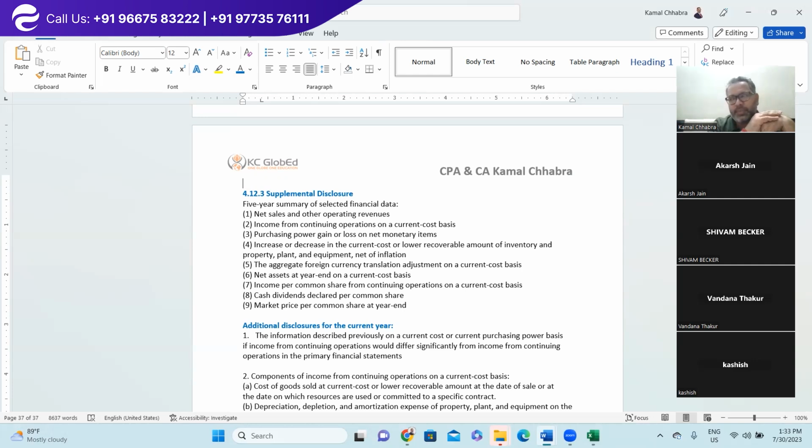If there is a foreign subsidiary which you are consolidating, what will be the impact on account of change in the currency rate? Sixth is net asset at the year end on the current cost basis that you need to disclose. Seventh is income per common share from continuing operation on a current cost basis. That also needs to be disclosed separately because your entire financial statement will change, right?